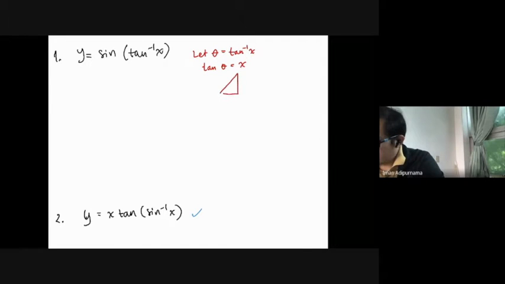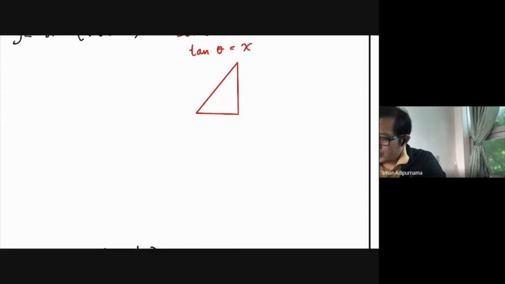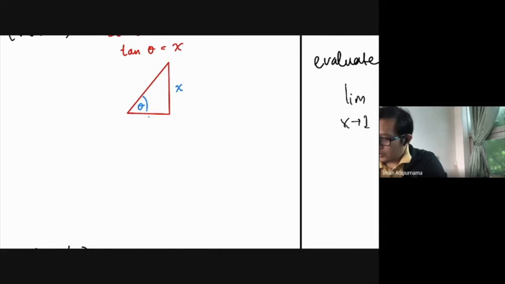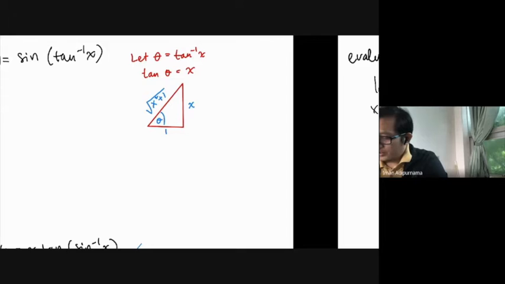We can start with the triangle, or maybe a bigger one. So first, we define our theta here. So our tangent theta is x over 1, right? And the hypotenuse will be square root of x squared plus 1. And then we define this and we derive.